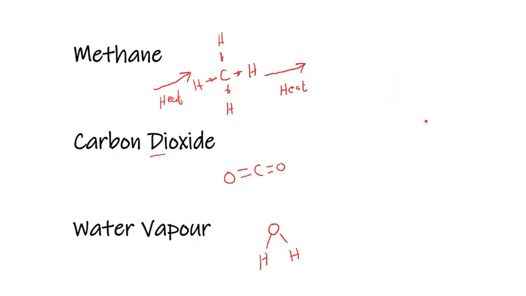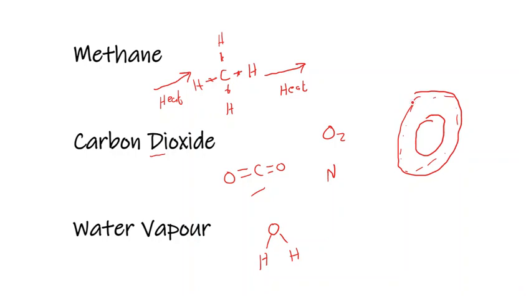So you have the Earth like so, and around the Earth you have this atmosphere that's made up of oxygen, O2, water vapor, and nitrogen. And then it's also made up of these greenhouse gases. What that does is form an atmosphere around the Earth.